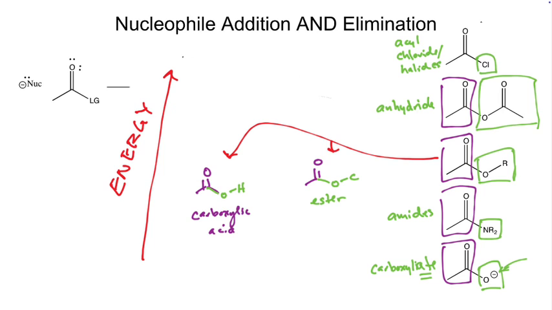In that very first step, the nucleophile comes in and attacks the electrophilic carbon. They're all reacting as electrophiles, a place for electrons to go. They want to accept electrons. So in all of these cases, we're talking about the electrophilic characteristics of the carbonyl carbon.